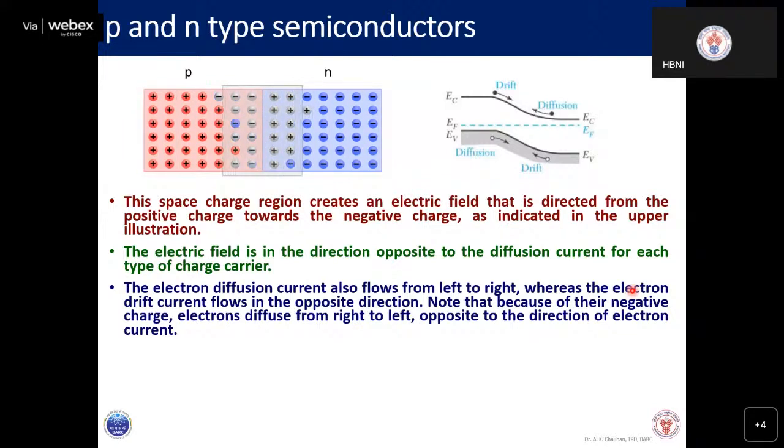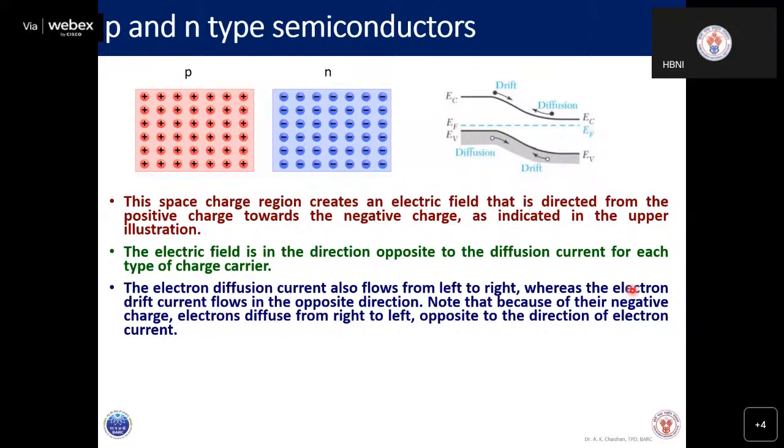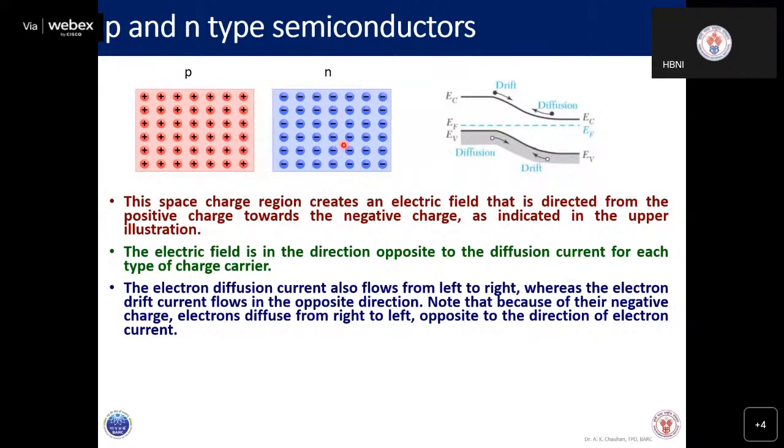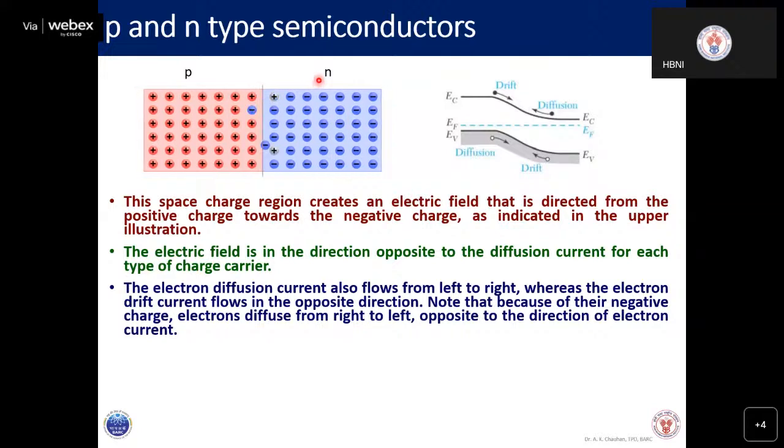This is opposite to the original movement. It will oppose the original movement, and so it will start pulling the electrons back. Suppose an electron has moved from this side to this side, the effective electric field which has been created tries to pull those electrons back here.